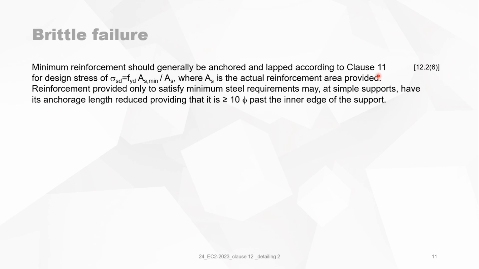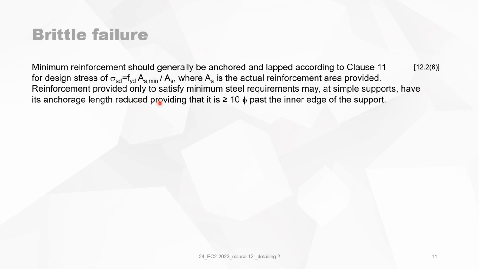And in this clause, it says that it should be anchored for a design stress σsd equal to fyd·As,min divided by As, where As is the actual reinforcement area provided. So when you put a little bit more than the required minimum reinforcement, which is normally the case, then you can have some reduction in the anchorage and lap length.